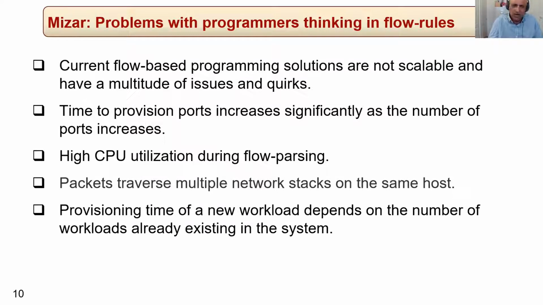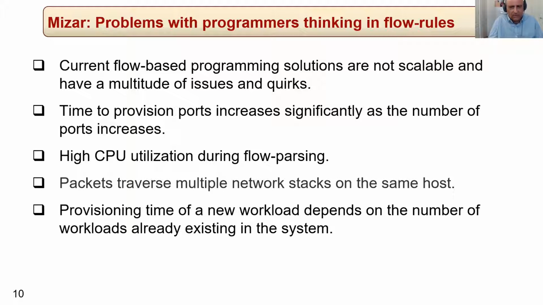Because you have to go around all of the hosts. And CPU utilization during flow processing is a major issue as well. The packets traverse multiple network stacks on the same host. They have to go through the Linux bridge and the OVS bridge and all that. All of this contributes to the fact that provisioning takes a lot of time, and the provisioning time of a new workload depends on the number of workloads already existing in the system.